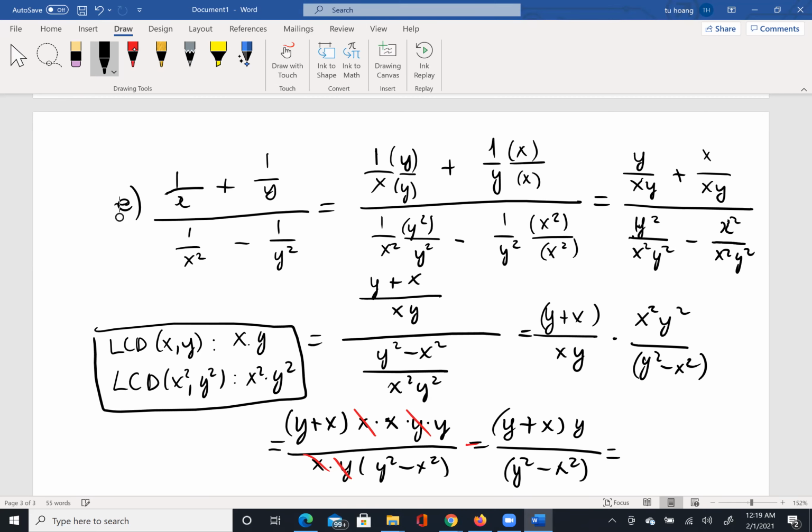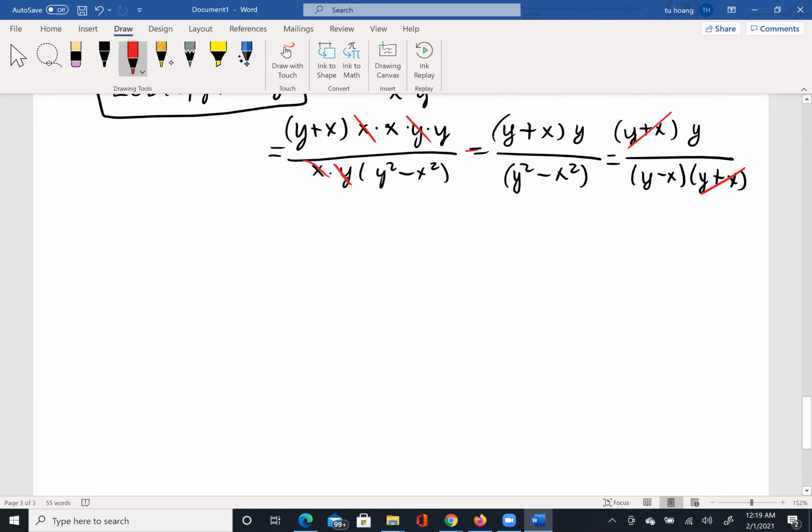You can also factor the y squared minus x squared, right? So y plus x, y on top, and the bottom can be factored as y minus x and y plus x. And you see the common factor, you're actually going to finish it. The top is only y, and the bottom is only y minus x.